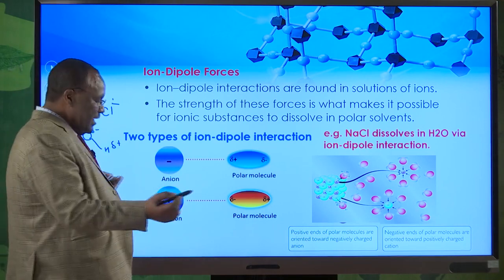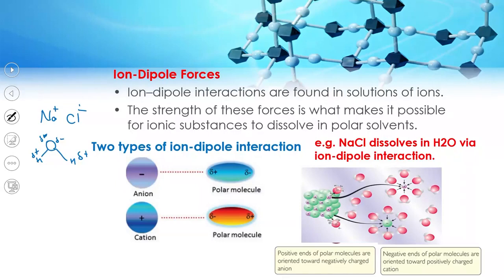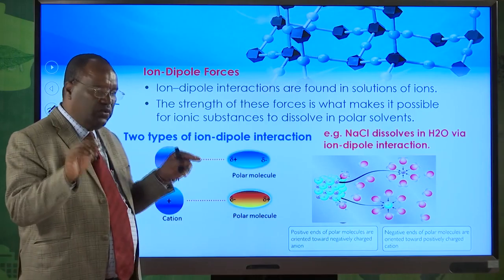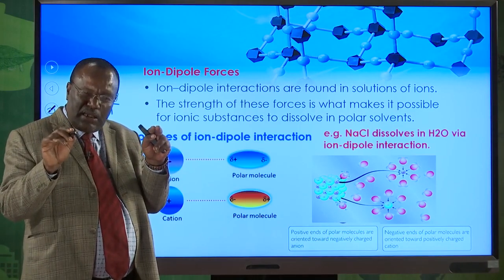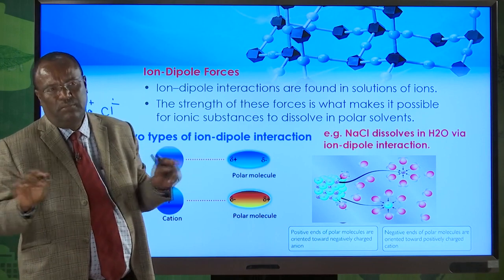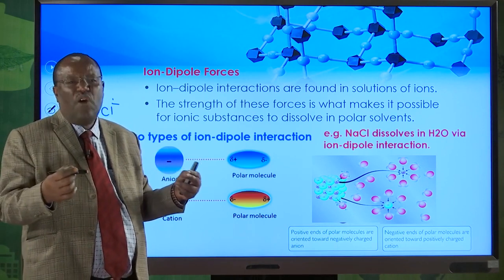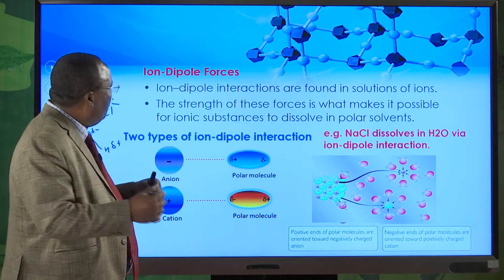So in this case, there is attraction between the molecules and the ions of this ionic compound, sodium chloride. These interaction forces make sodium chloride dissolve in water, because there is interionic and intermolecular force.